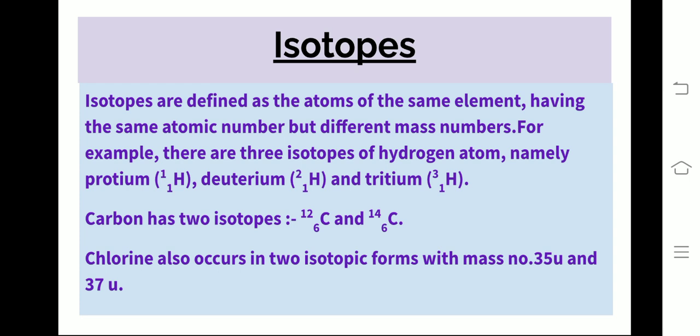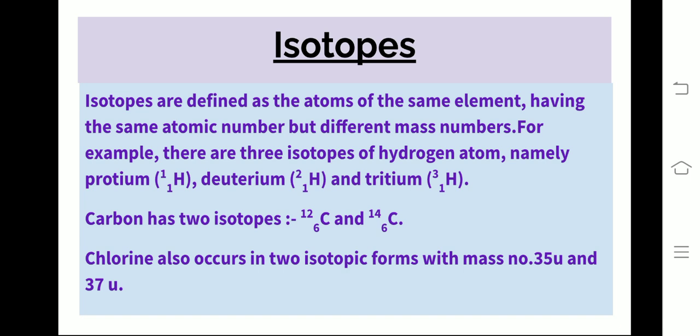Isotopes. In nature, a number of atoms of some elements have been identified which have the same atomic number but different mass numbers. For example, if we take the case of hydrogen, hydrogen has 3 atomic species, namely protium, deuterium and tritium.